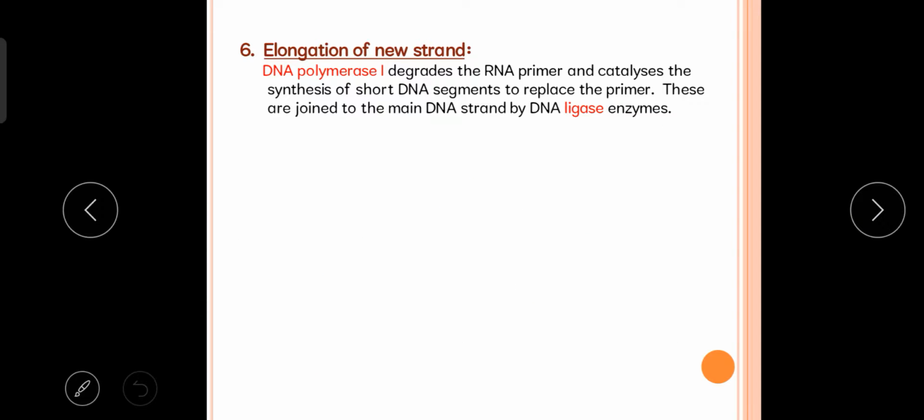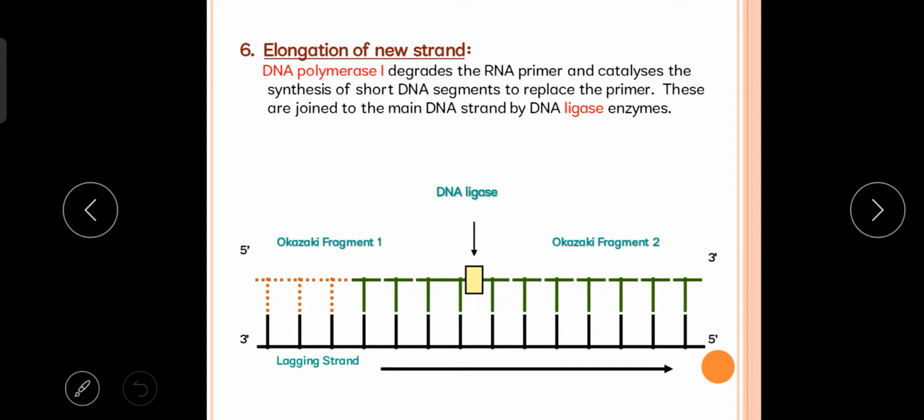This way the RNA primers are removed, and in those places the new DNA strands are formed by DNA polymerase 1, and all the gaps are filled up by the ligase enzyme. And this way DNA polymerase 3 will polymerize the nucleotide sequence one by one to produce a long strand of DNA.